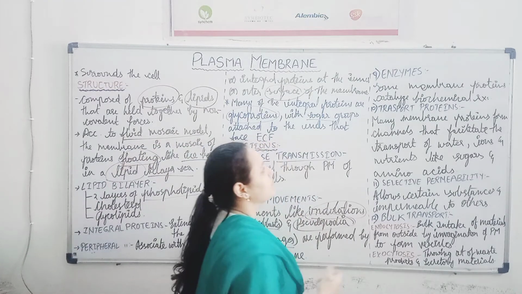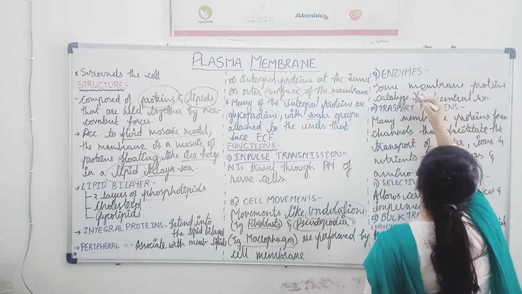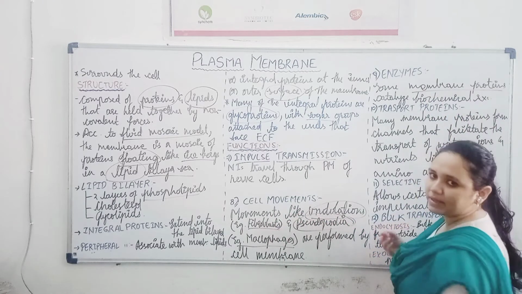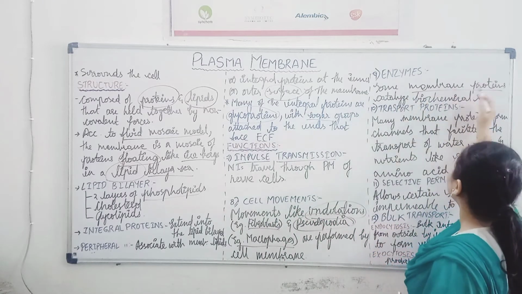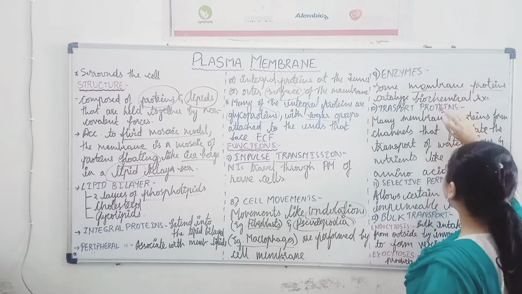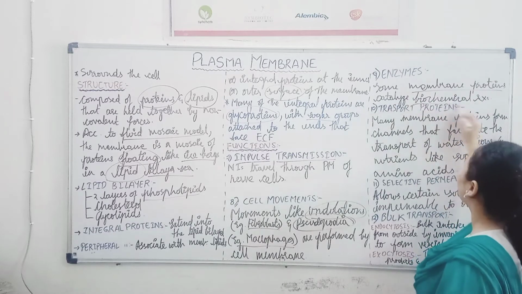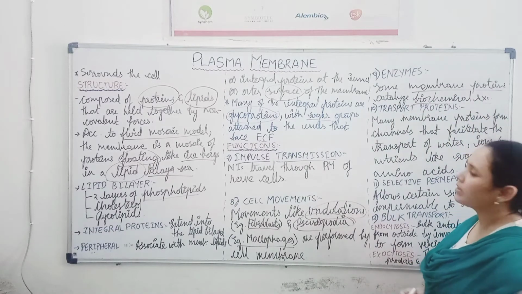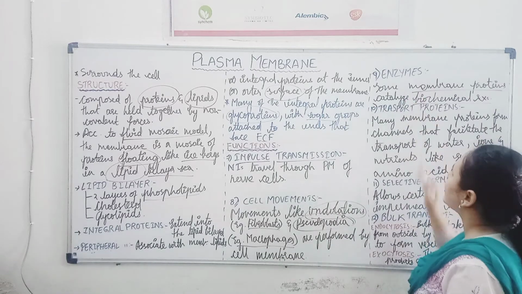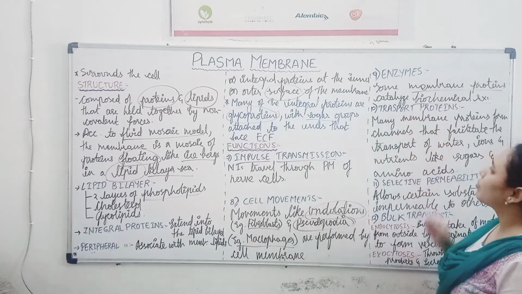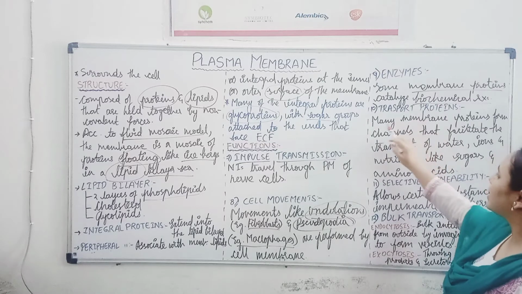Next is enzymes. So we know that there are certain proteins present in the membrane, right? Some of these membrane proteins catalyze biochemical reactions. So that's how they function as enzymes. Next is transport proteins. So what do these do?